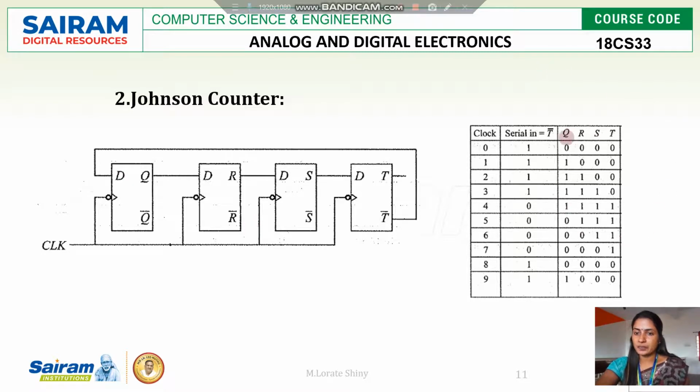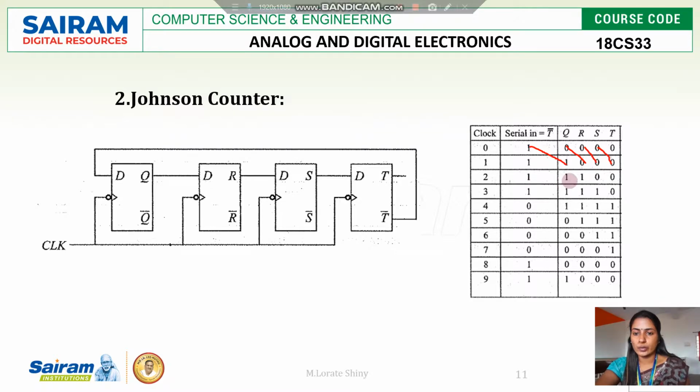State table we will see, Q, R, S, T. Everything we assume 0, and serial input is 1. Okay, so initially Q will get the serial input, R will get Q, S will get R, T will get S. Then in the second cycle, what about Q?